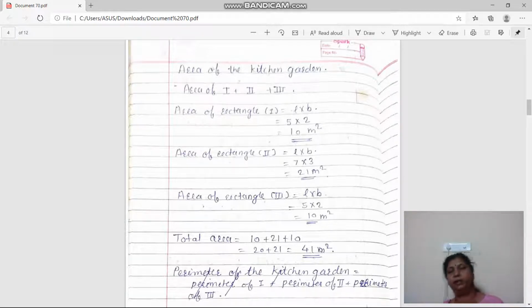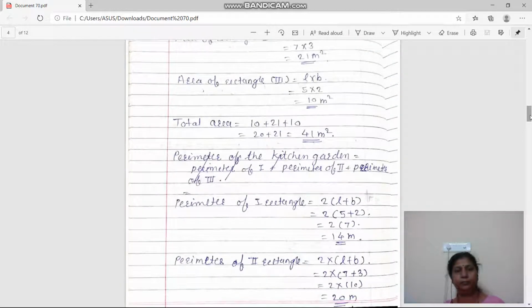Now we will calculate the perimeter. See, perimeter of the kitchen garden is equal to perimeter of first rectangle, perimeter of second rectangle, perimeter of third rectangle. So perimeter of first rectangle is equal to 2 into bracket 5 plus 2.